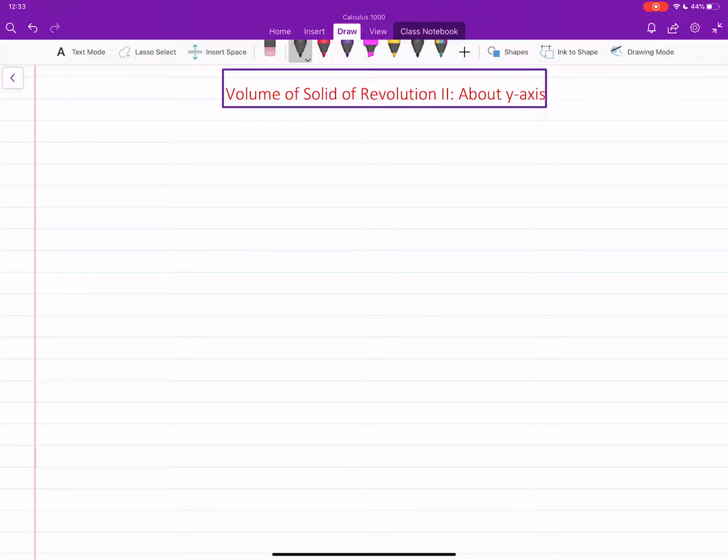Hi, in this video we will learn how to find the volume of a solid of revolution obtained by rotating a region about the y-axis. Consider that we have a curve which is the graph of a function of y, x as a function of y.